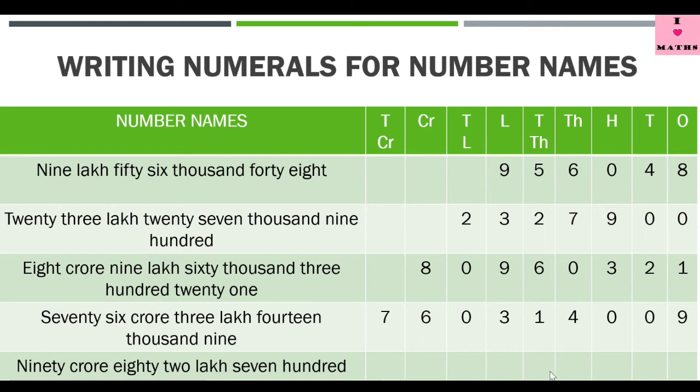We can't leave it empty. 0 in 10 thousands column and 0 in thousands column. So there are 2 zeros in thousands period, and 7 in hundreds period, and 0 here and 0 here will make it 700. Okay, let's see. 90 crores 82 lakh 700. Okay, children, I hope you would have understood how to write the numerals when number names are given to you.